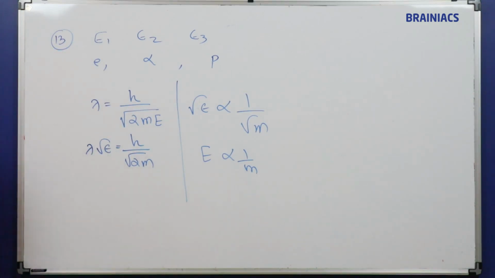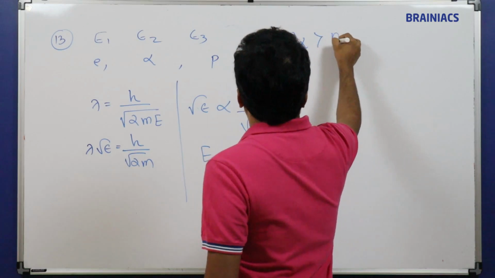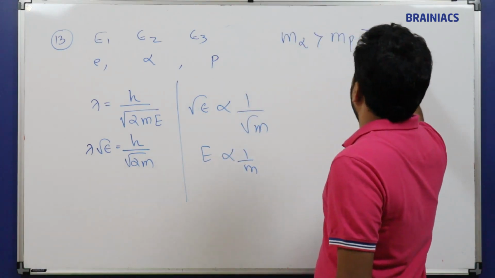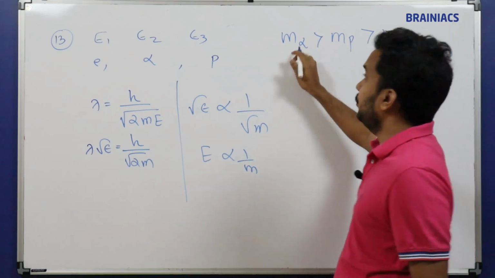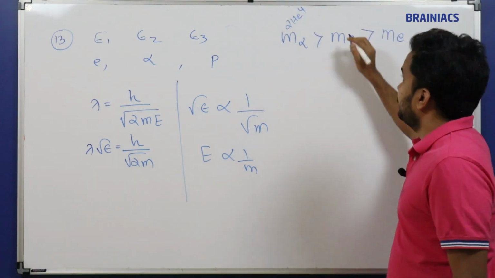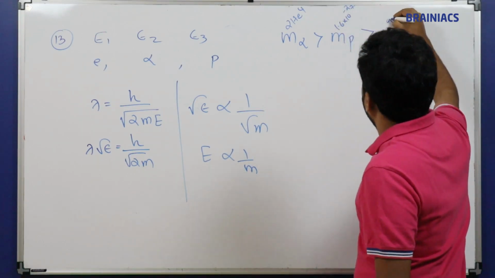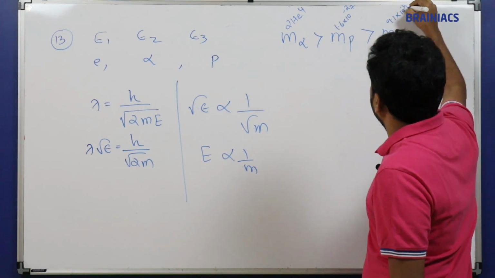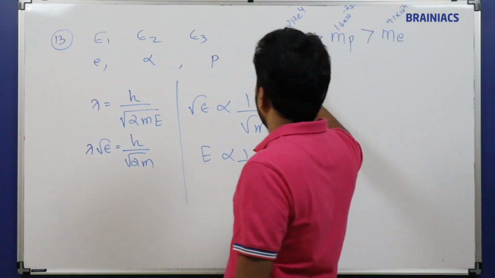Which one will have the highest mass? I know m alpha is greater than m proton, which is greater than m electron. Electron has the lowest mass. Alpha is 2He for helium. This is 1.6 into 10 power minus 27, and this is 9.1 into 10 power minus 31. So alpha will have the highest mass, so lowest energy.